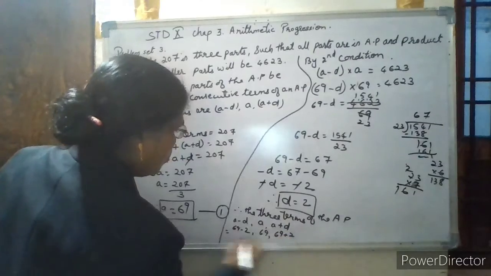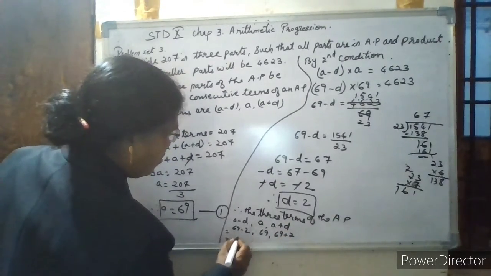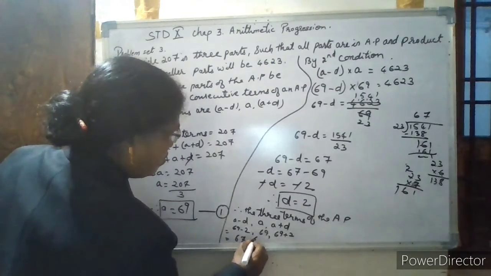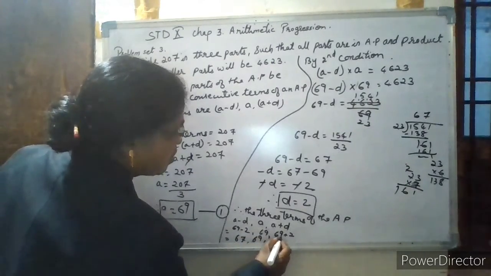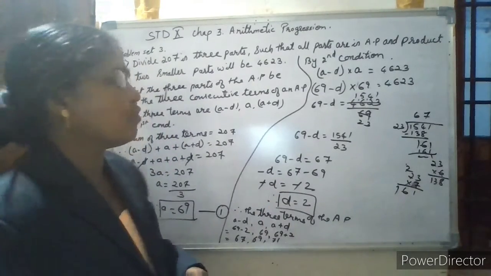So we have the terms as 69 minus 2 is 67, 69 and 71. These are the three terms of the AP.